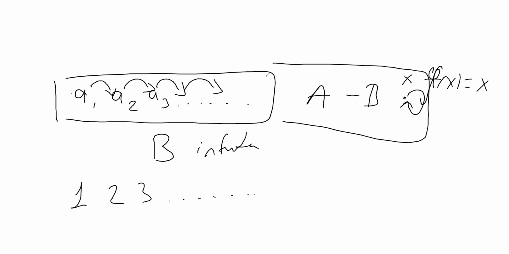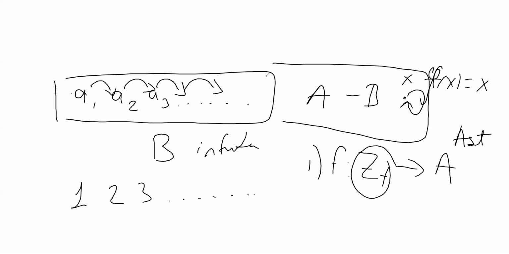Oh, yeah, sure. So basically, we know from statement 1 that there should be some injective function from Z plus to A, and A is just a given set. And B is the set of all images of Z plus, right?